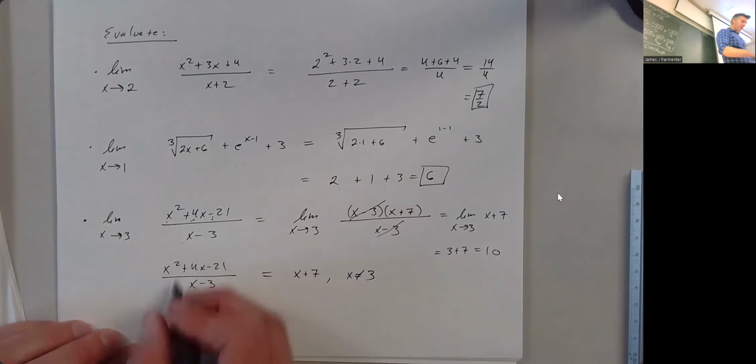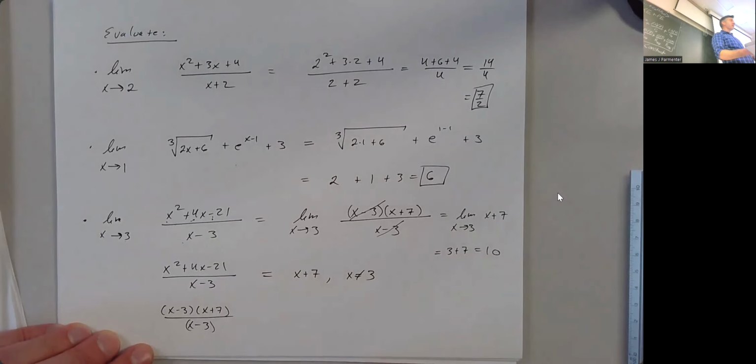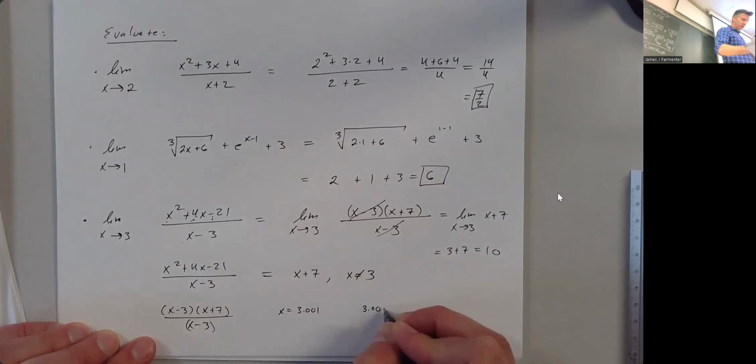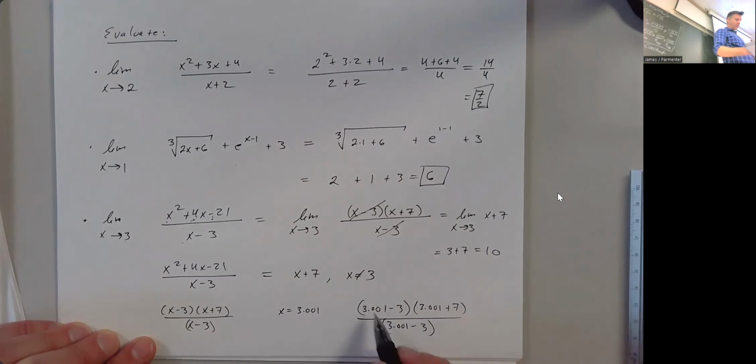Whereas over here, and I think I tried to do this last time, I kind of blew it, I'm not going to lie. If you plug in something really, really close to 3, like say x equal to 3.001, well, 3.001 minus 3 times 3.001 plus 7 over 3.001 minus 3, this divided by that is 1.